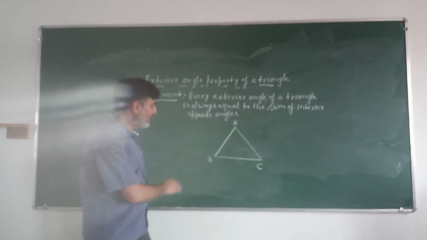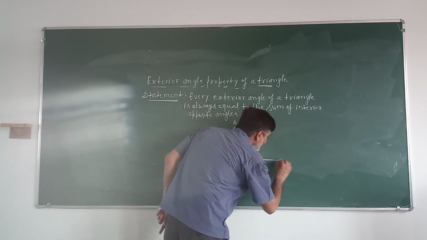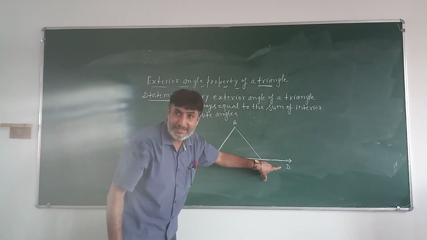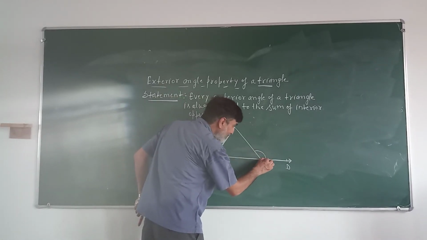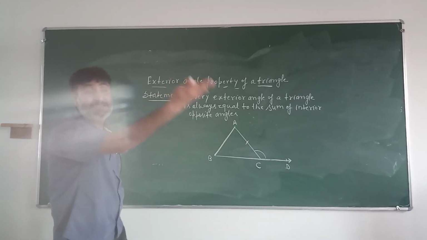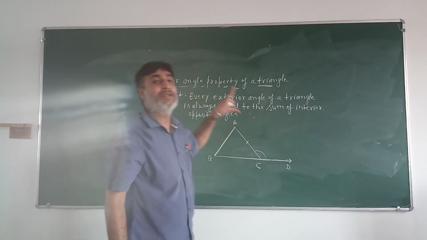For an example here, if we extended this BC side towards C up to a point D, we see that this produced side makes an angle ACD with its adjacent side in the exterior of triangle, and this angle is called exterior angle.